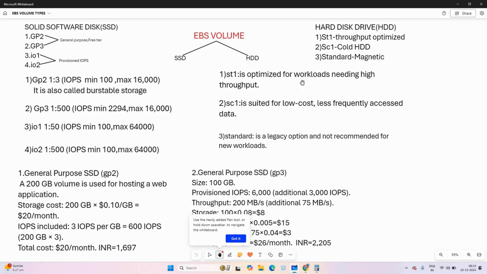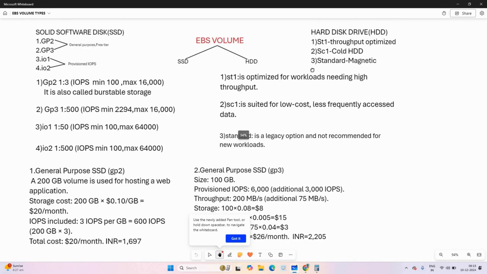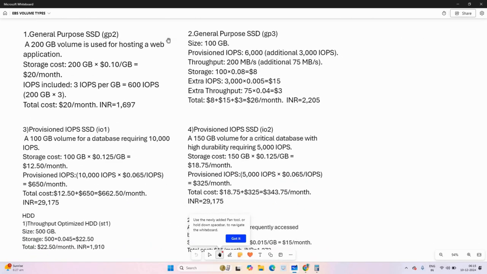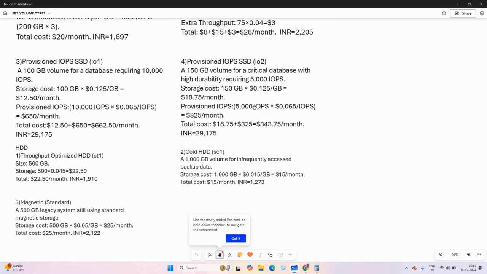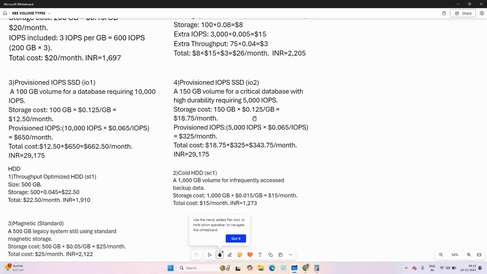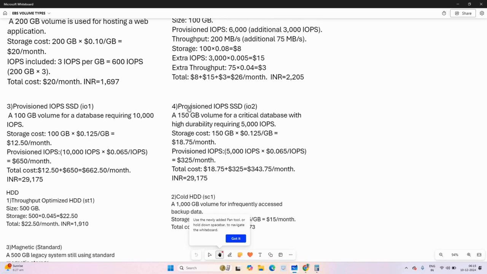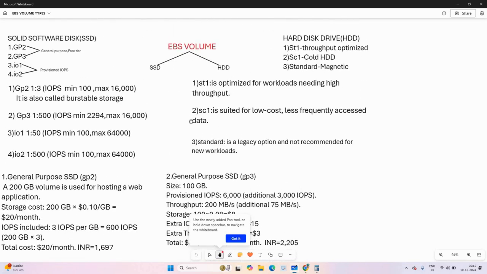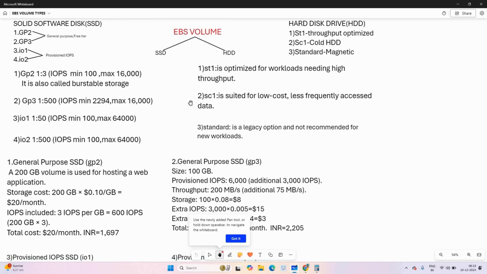GP2 and GP3 are free tier, and the standard is free tier, where we use HDD. We also saw some calculations on how to calculate the pricing of each EBS volume type, and using this we are able to calculate how much AWS will cost for our volume.